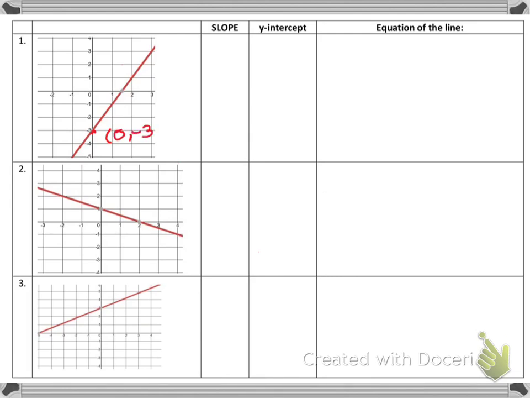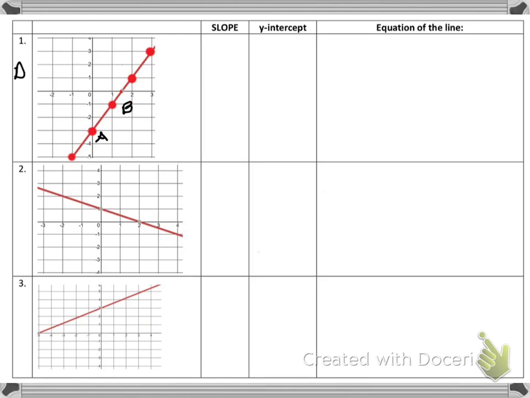Notice that this point is labeled on the graph, but it is not a whole number. So I'm going to move up here to this point where I see that it's a whole number. I also could choose this point right here, or perhaps this point or that point. Again, you want to have integer values so that you can count whole boxes as you move from one point to another. So I'll call this point A and I'll call this point B.